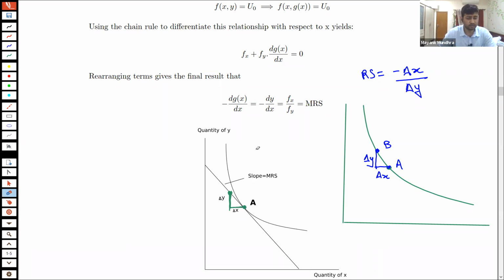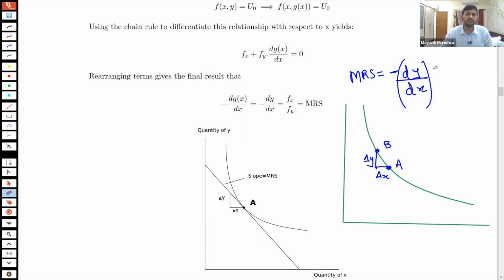For very small quantities, the marginal rate of substitution, this delta becomes D, a very small change in the amount of X. So for a very small change, these dx and dy are very small changes, and it is dy by dx, sorry, I made a mistake. Delta y by delta x. So for margins, it becomes dy by dx.